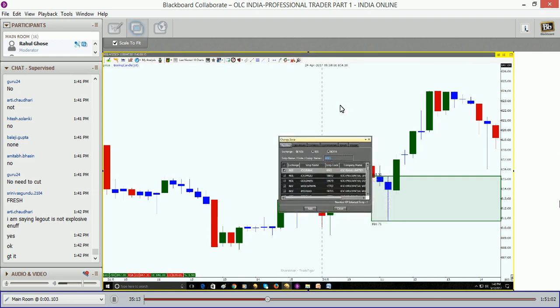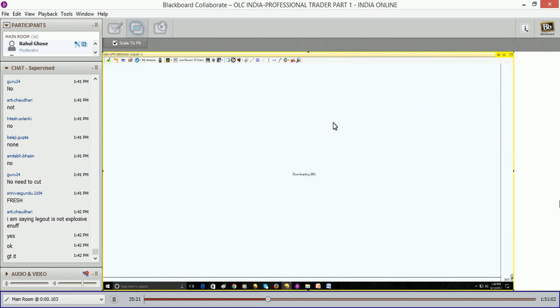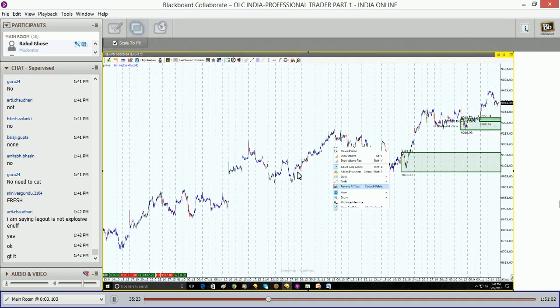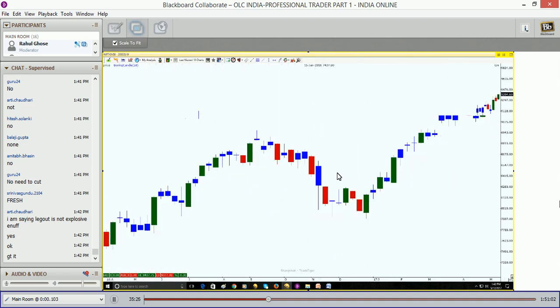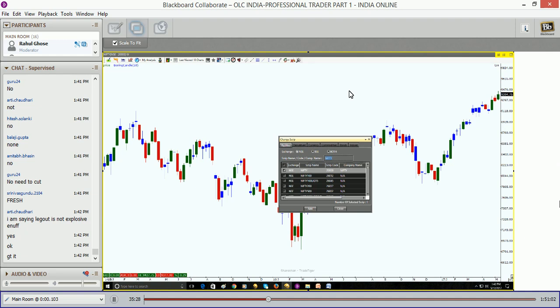Now, let's look at another example. Let's look at Nifty. Now in Nifty or Nifty Bank, let's see.